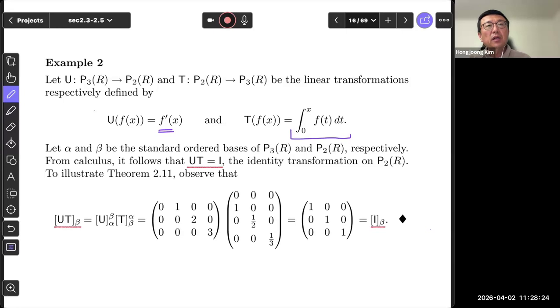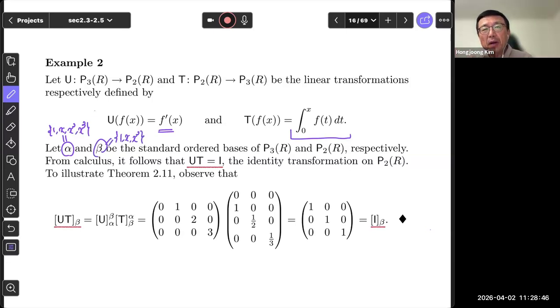For simplicity, let me use the standard ordered bases for P3 and P2. So alpha consists of 1, x, x squared, and x cubed, and beta consists of 1, x, x squared.